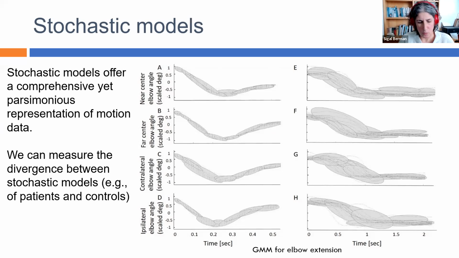What we were trying to do is look at the similarity of motion of patients with stroke to motion of healthy controls. And we use stochastic modeling for that. So we prepare a model, a distribution of the motion of the patient, and we compare this distribution to the distribution of the motion of healthy control.